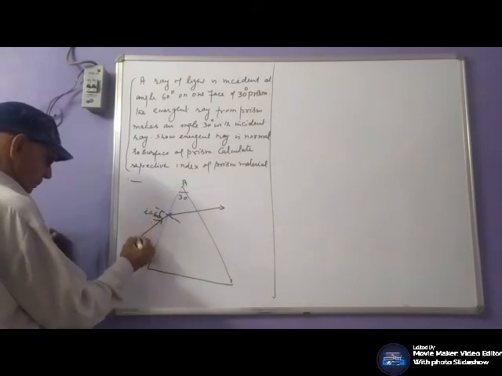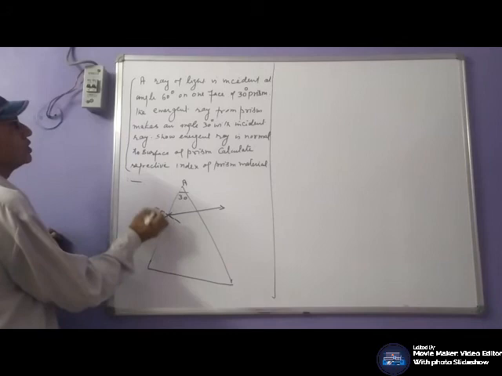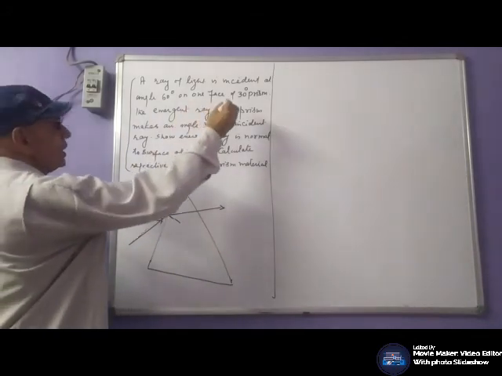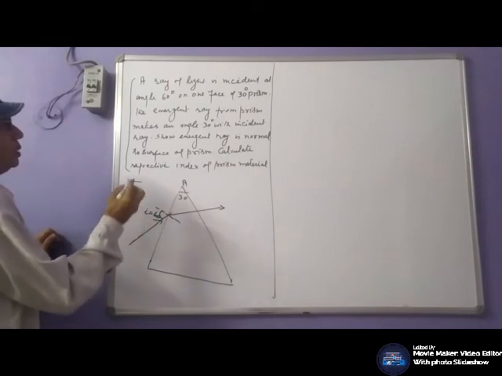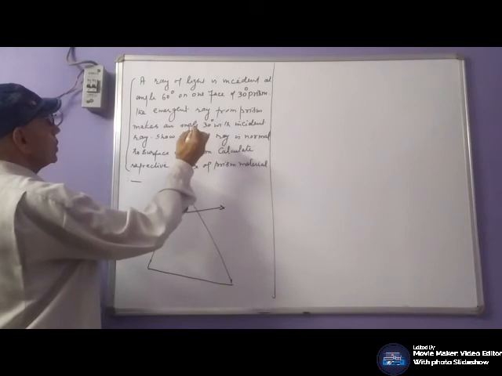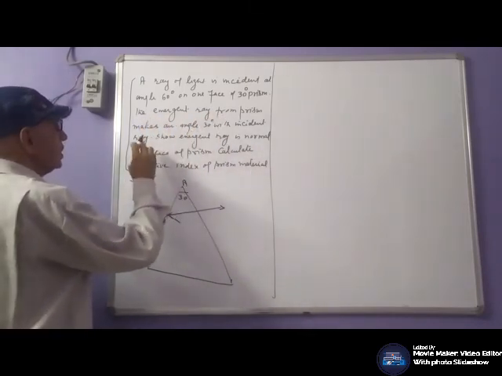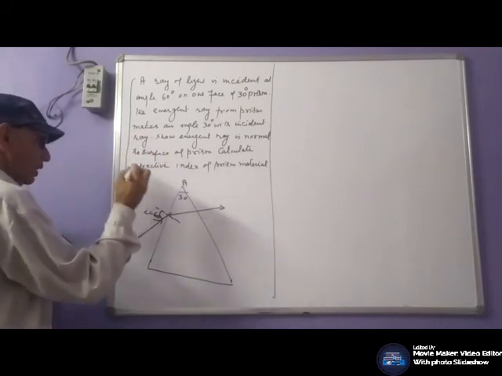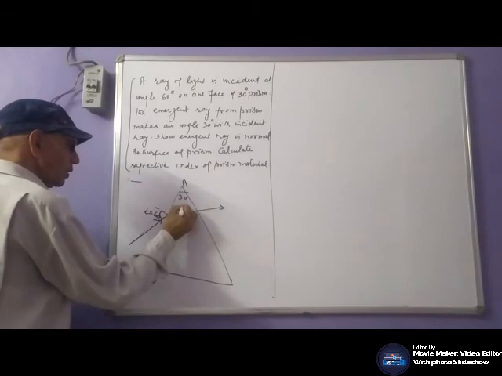Ray of light, this is the ray of light. It is incident at angle 60 degree on the face of a 30 degree prism. The emergent ray makes an angle 30 degree with the incident ray. This is the direction of the incident ray.